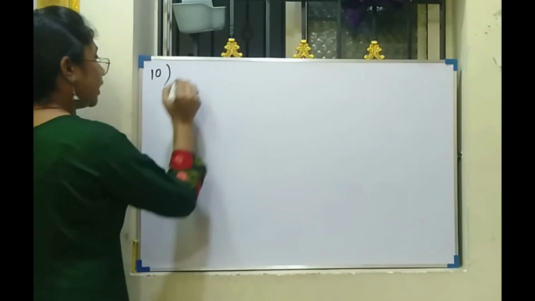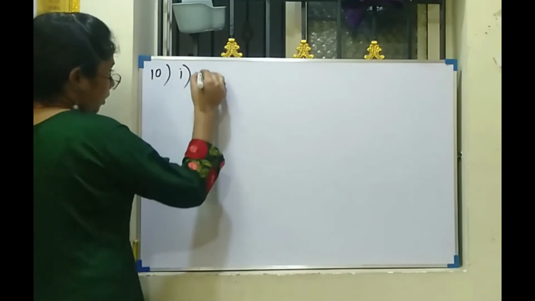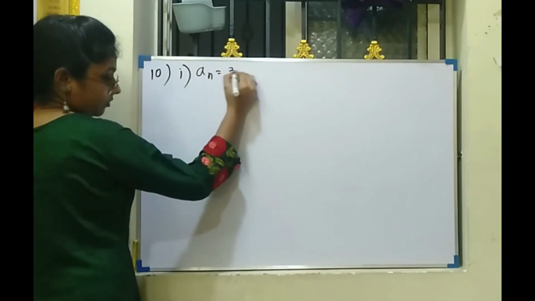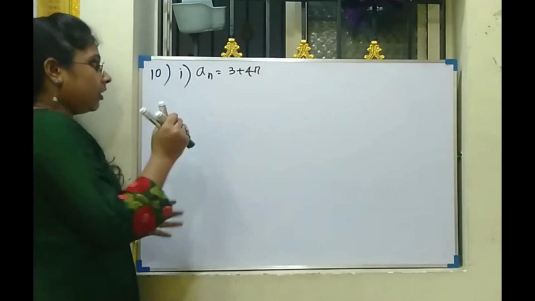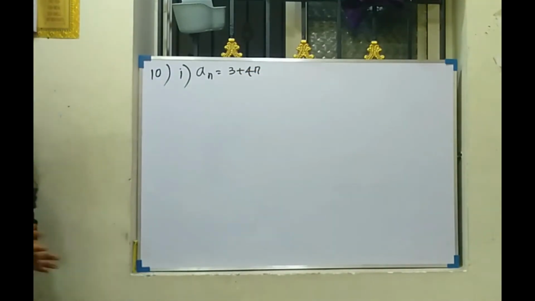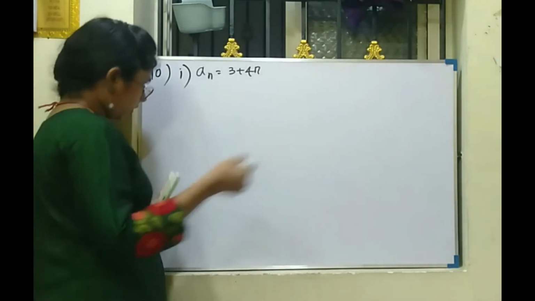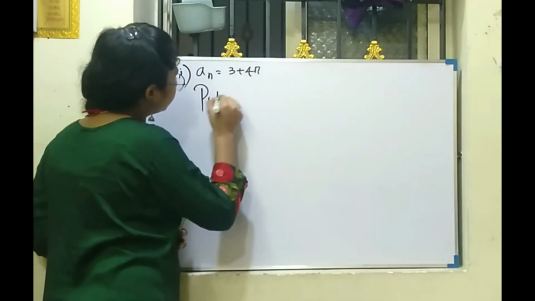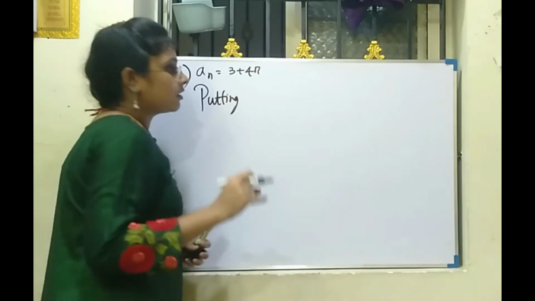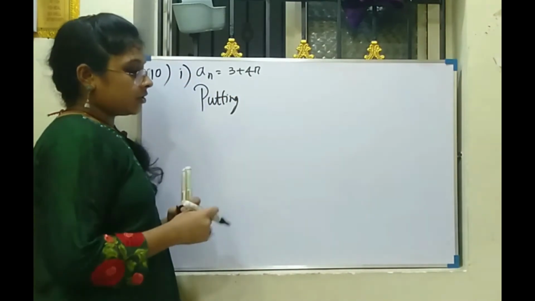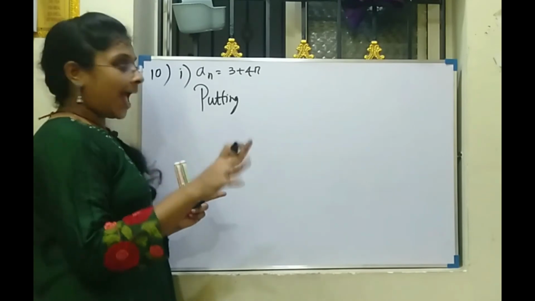Let's write the given data. First one, An is equal to 3 plus 4n. In this question there is no A, there is no D, so we have to form an AP.